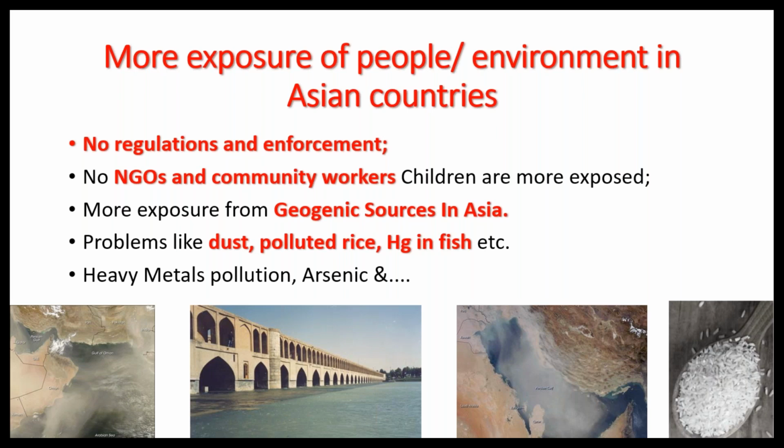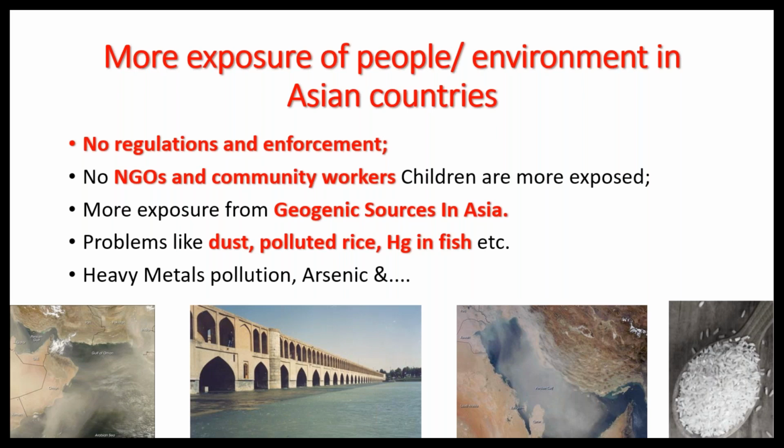We have more exposure in Asian countries due to different reasons that you can see here. We have dust. As I mentioned some years ago, for the first time, we have toxic dust, some toxic particles in the dust. And also no regulation really, and enforcement is very weak in all developing countries.